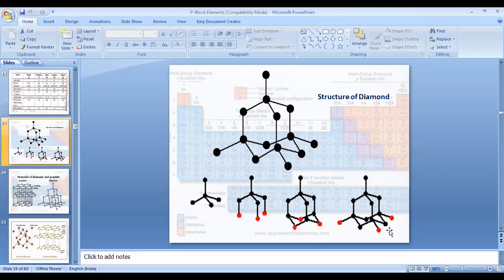Now, here I would like to show you the structure for diamond. See here the structure. Carbon undergoes sp3 hybridization, that we have to see. See here the structure for diamond.